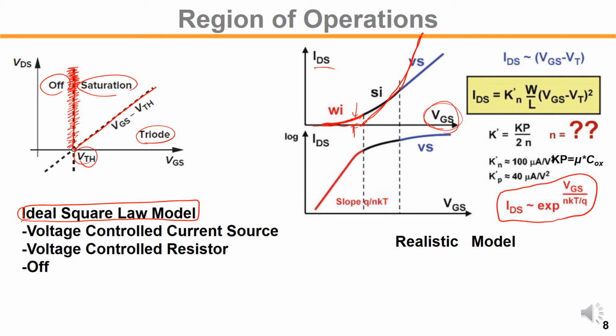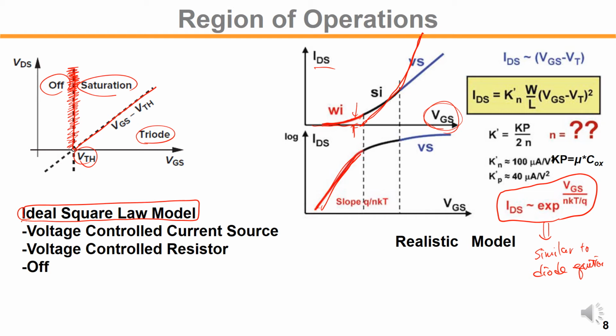IDS is proportional to exponential of VGS over nkT over q. This is very similar to the diode equation. So if you plot the current in log scale, it is linear in log scale, meaning it is an exponential function.